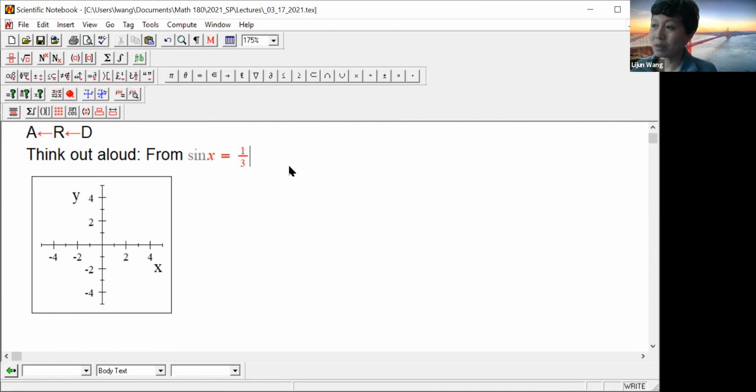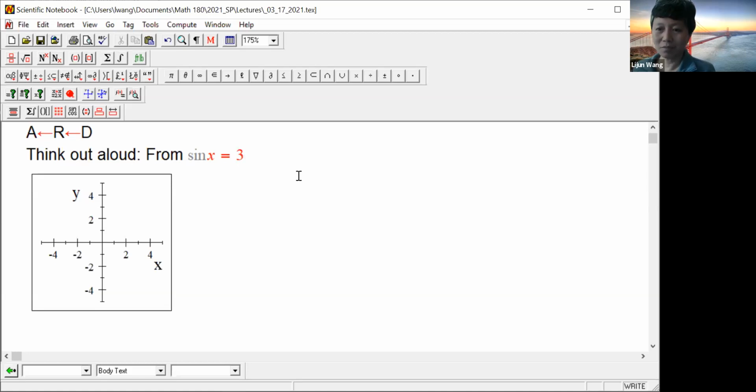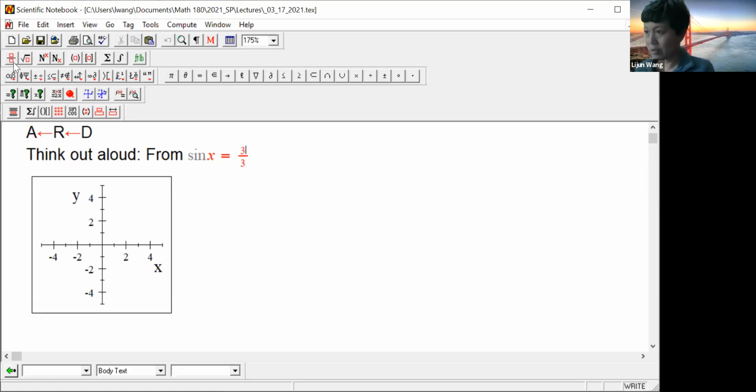Why do I mention that? If I have a 3, no solution. Do you follow me? But I have a 1/3, so 1/3 is in the range. If it's in the range, it's possible to have input for it. So it's possible to have solutions. In fact, we have many, many solutions.